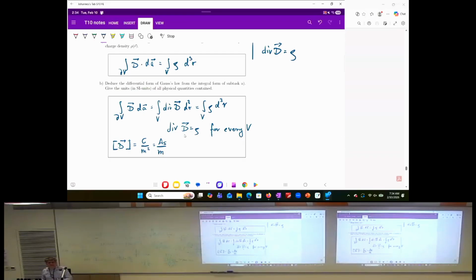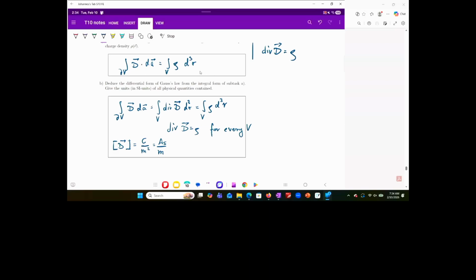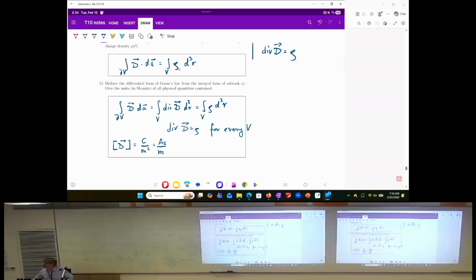If you have Gauss's law and you integrate over the space charge density, which is Coulomb per cubic meter, over volume, then you end up with Coulomb. And on the other side you're integrating over a surface, so you should have the same unit there.